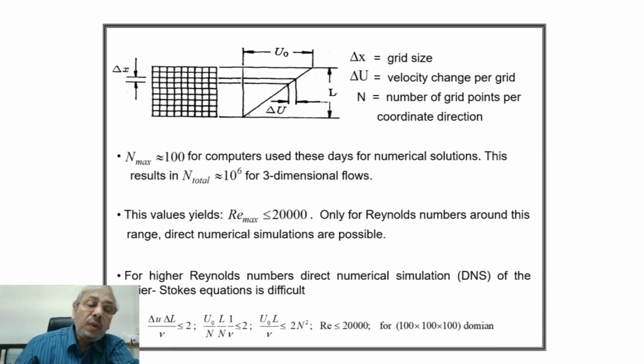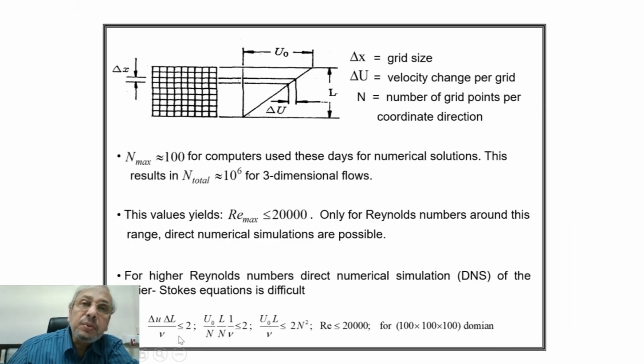Now one can easily show that if you take 1 million grid points, what would be the upper limit of Reynolds number? Here we have done a very rudimentary calculation. Delta u into delta l, if this direction is l, small delta x or delta l, whatever you call it, delta l by nu.